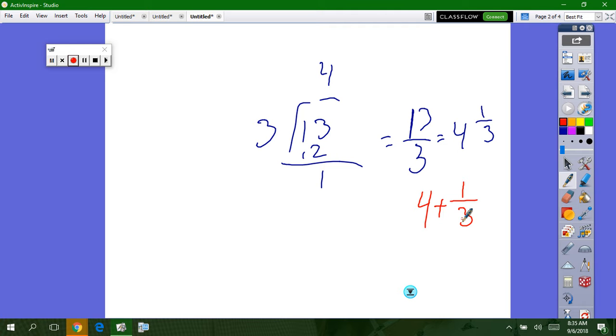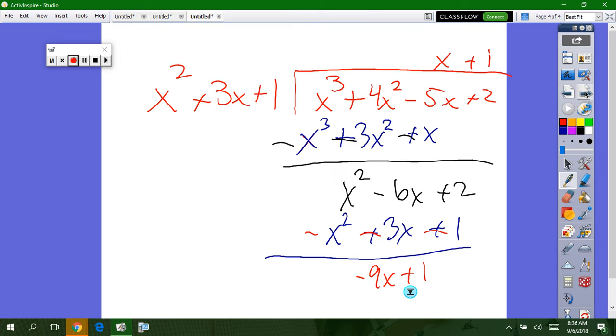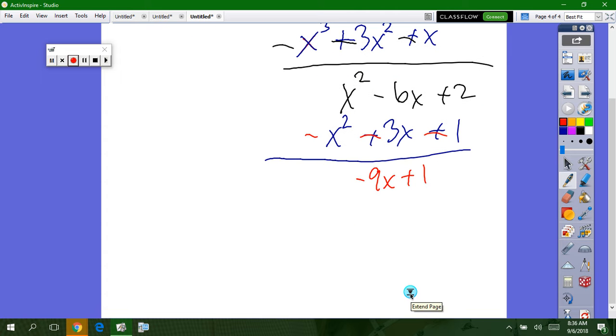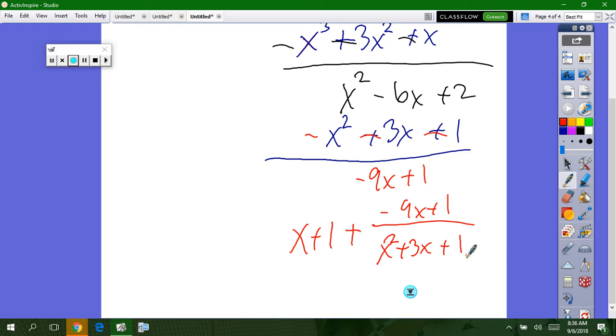Isn't 4 plus a third the same thing as 4 and a third? So here, our answer would be, what was the top again? X plus 1? So our answer would be x plus 1 plus negative 9x plus 1 over what we were dividing by, which was x squared plus 3x plus 1. Am I correct? There's our answer.